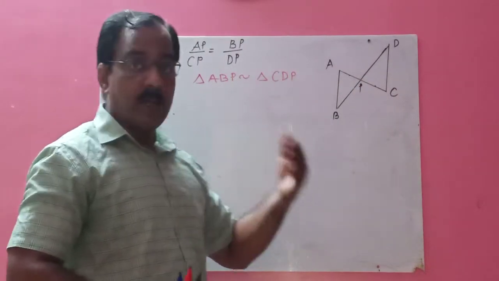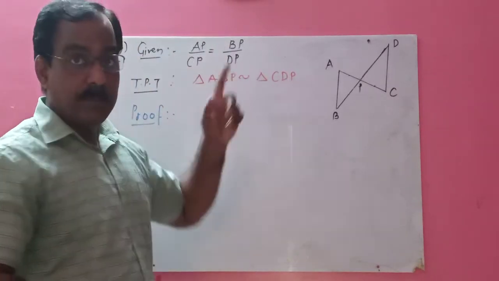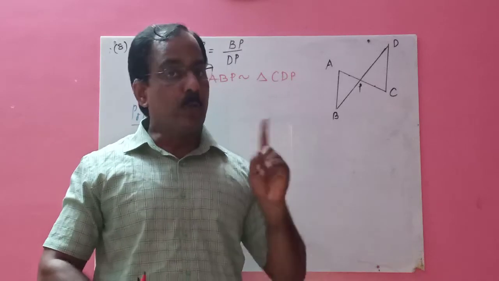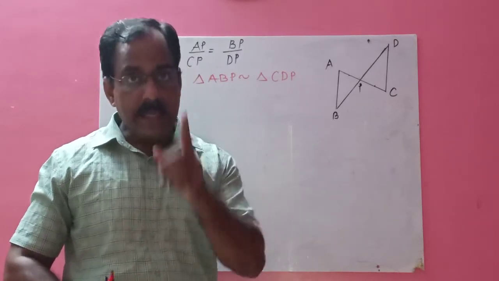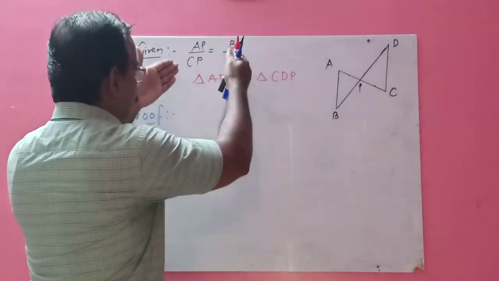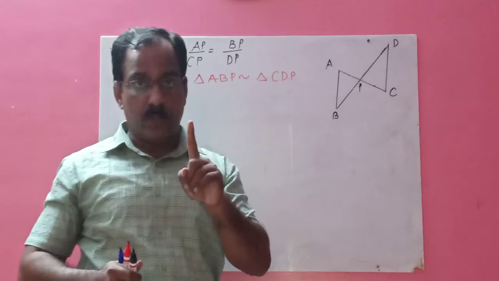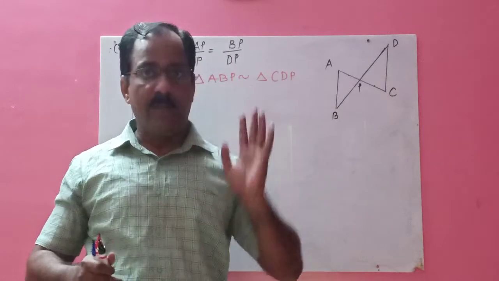Okay, and third one is SSS test. So two sides are given in ratios, but third side is not given. So only what is remaining here? Fourth one. That is SAS. Two sides we want in ratio, that is already given. Only one thing is required, that is angle which is hidden in this sum. That you have to find out.